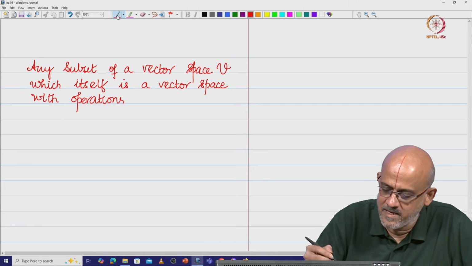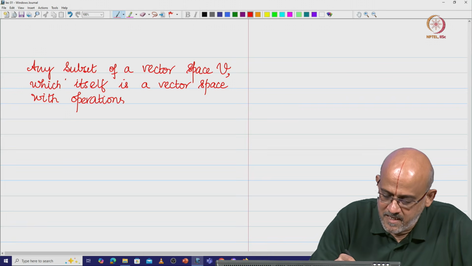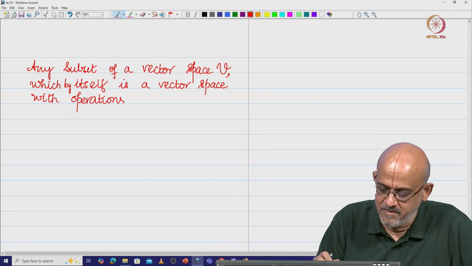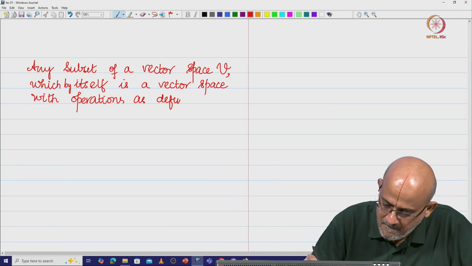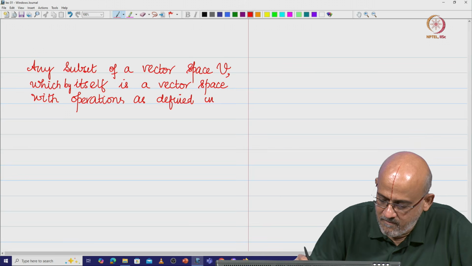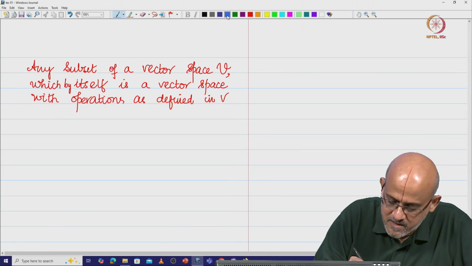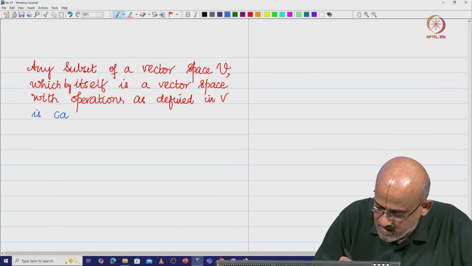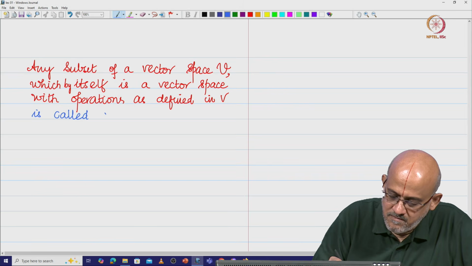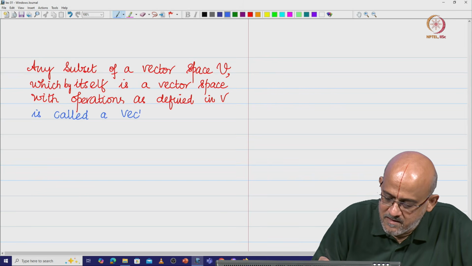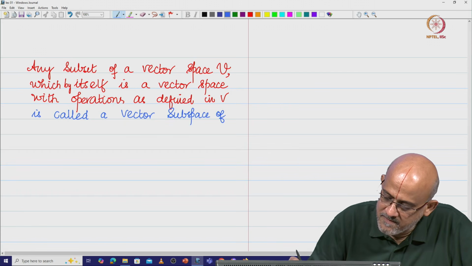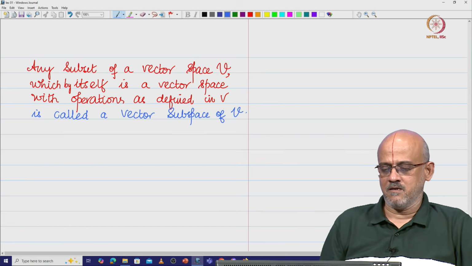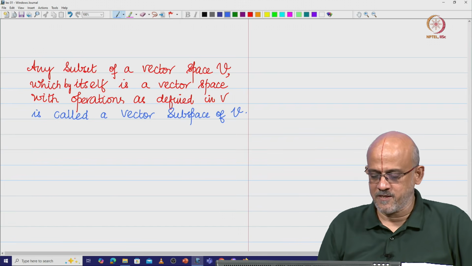So, any subset of a vector space V which by itself is a vector space with operations as defined in V, you give a name for this, it is called a vector subspace of V. Okay, it is a vector subspace of V.